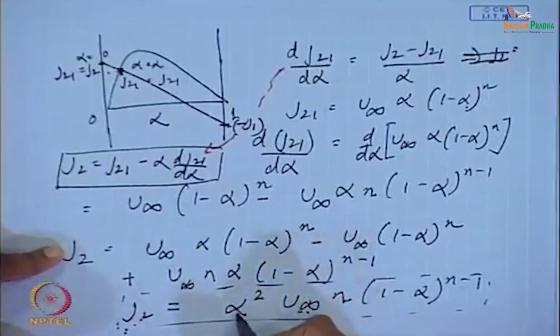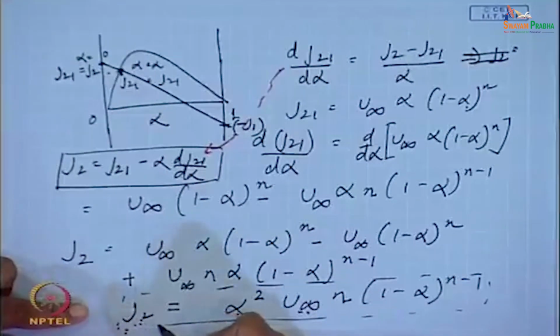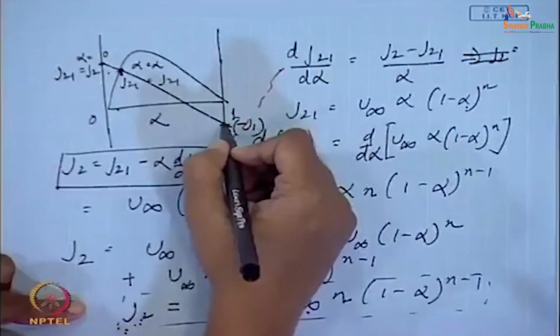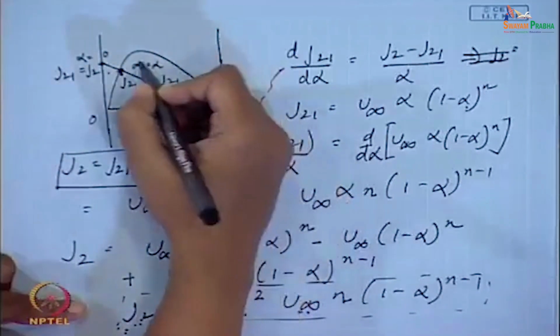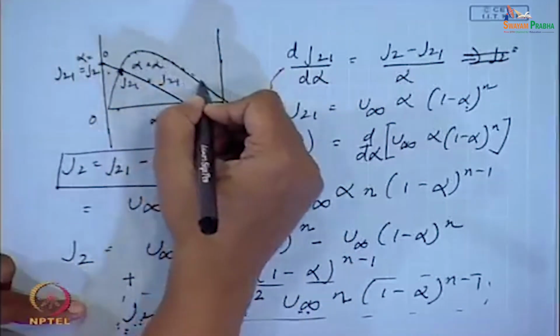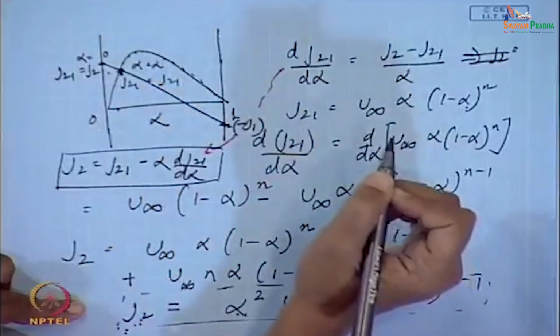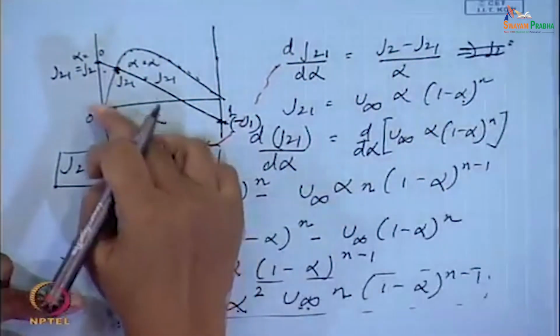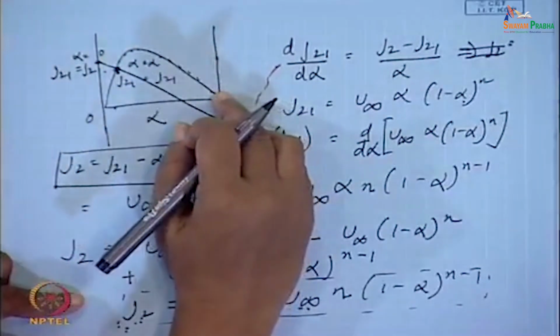Okay. Then for each alpha you can find J2, you can find J1. Accordingly, for each alpha you can locate the endpoints of this particular curve, and then from there we can find each and every point and construct this particular curve. Agreed? So, this was an analytical way of doing it.